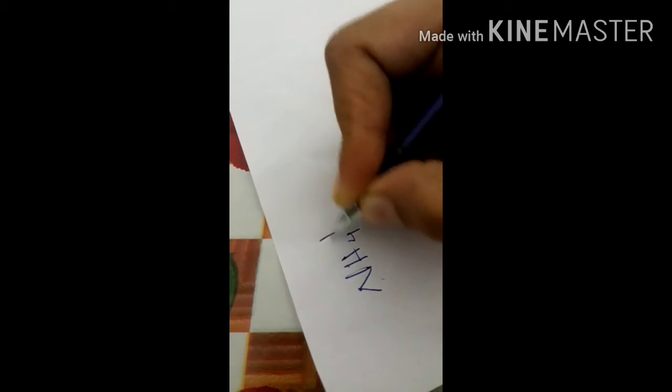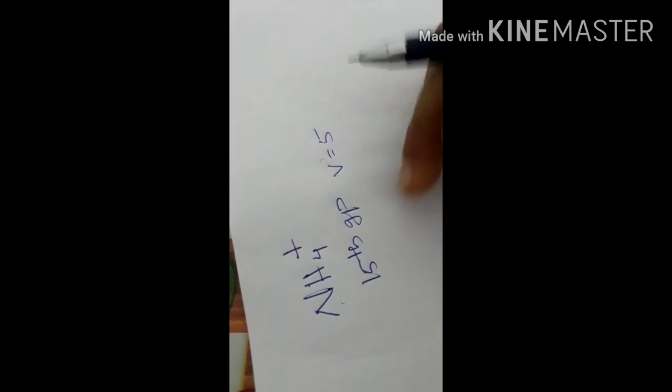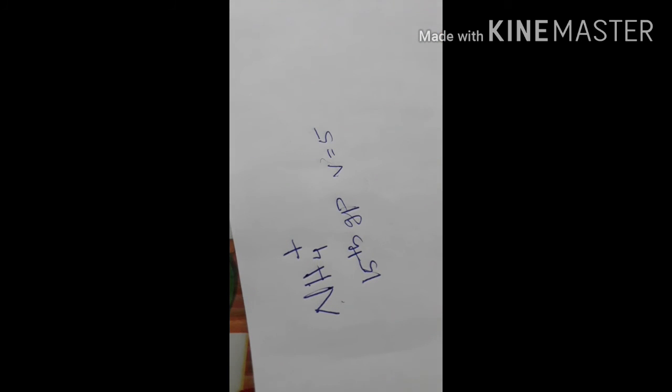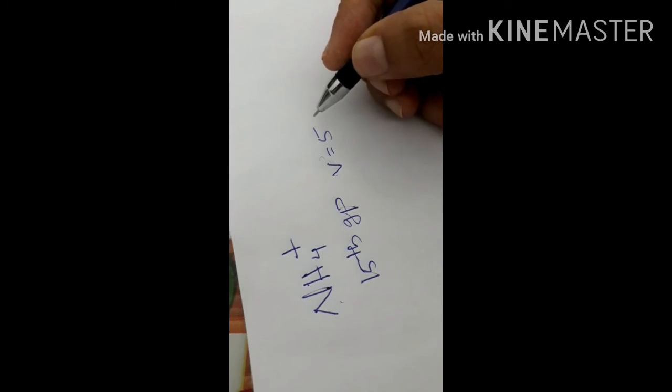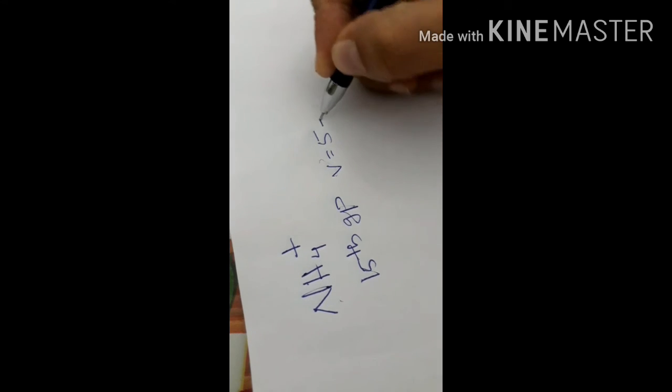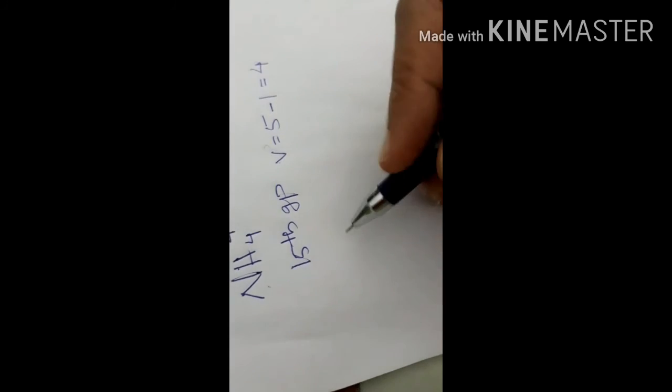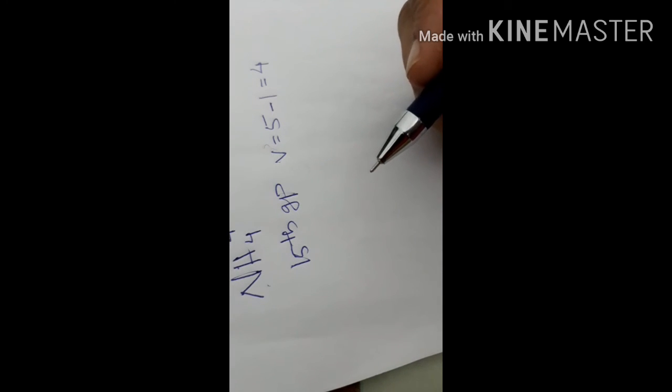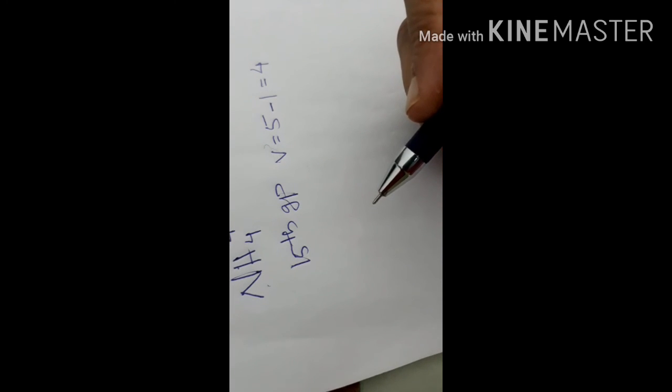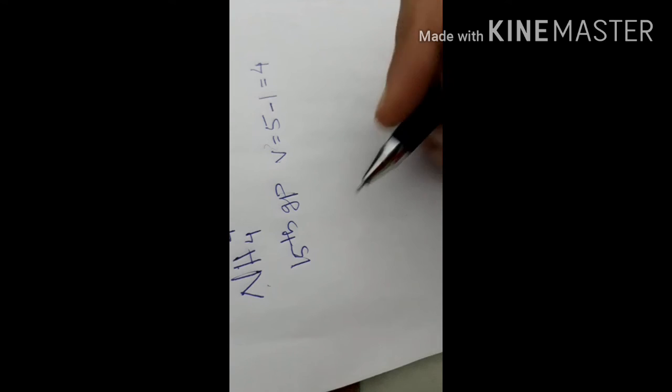Okay, let us consider another species, NH4 plus. Here nitrogen is a 15th group element. Its valency is 5, but here there is a positive charge on it. So it can donate 1 electron. That is 5 minus 1 is equal to 4. By applying the above formula, that is the number of atoms attached to the central atom plus the number of lone pairs on that atom.